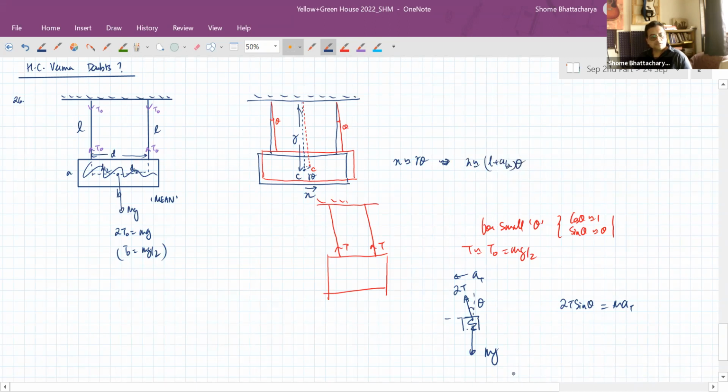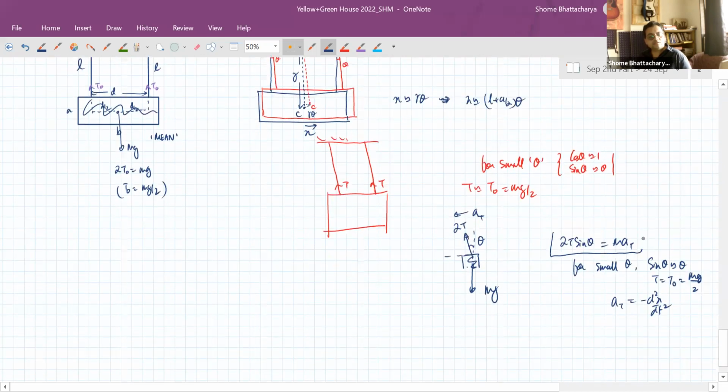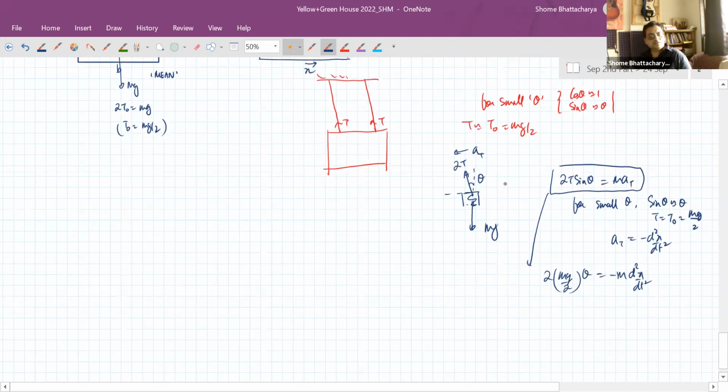So here for small theta, sin theta can be approximated as theta, T can be approximated as T naught, which is mg by 2, and tangential acceleration will become minus d2x by dt square. So doing that, this equation will become 2 times mg by 2 theta is equal to minus m d2x by dt square. And then further we have the relation for theta.